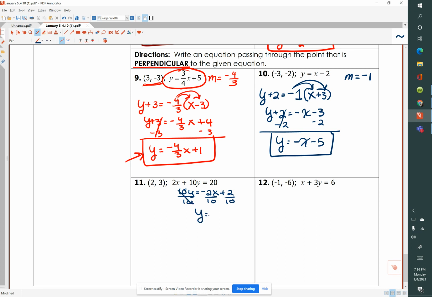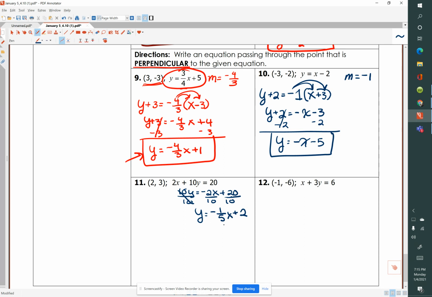Y equals negative 2 over 10, which we'll simplify to negative 1/5 x, and 2/10, 2 divided by 10, is going to give me 1/5. So let's see. Oh, I know what I did wrong. My bad. This is a 20, not a 10. So that would be 20 divided by 10, which is a positive 2.